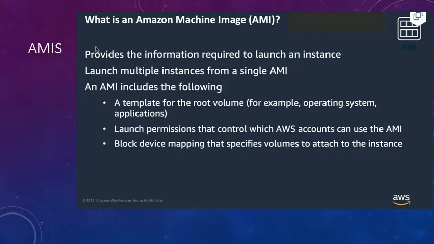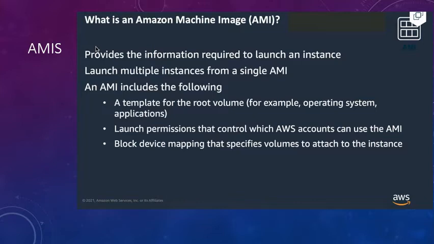Just a quick little bit of depth on the AMI because it does come up in the exam a lot. So an Amazon Machine Image, or AMI, provides all the information needed to launch an instance, to launch a virtual machine. You can launch many instances from a single AMI. So it's kind of like a template for launching a number of virtual machines.